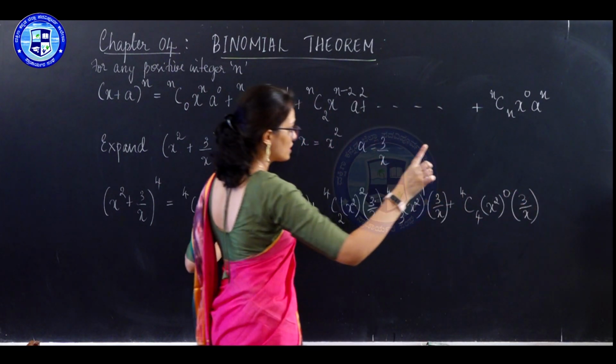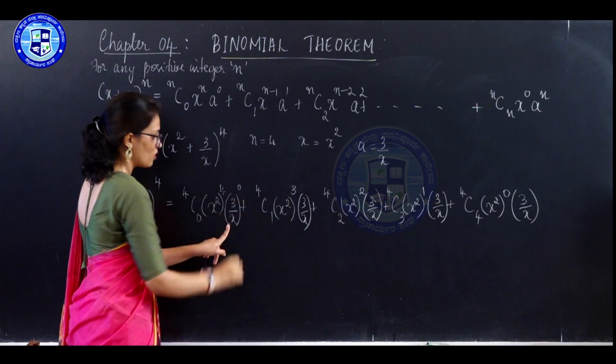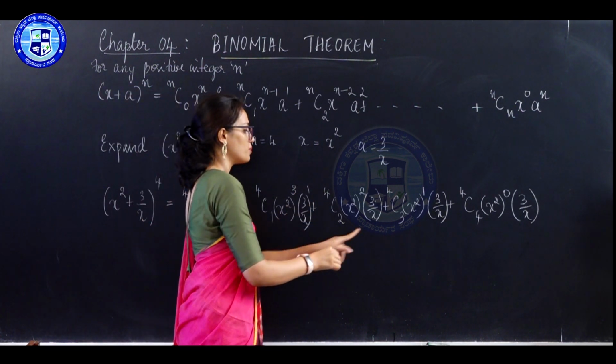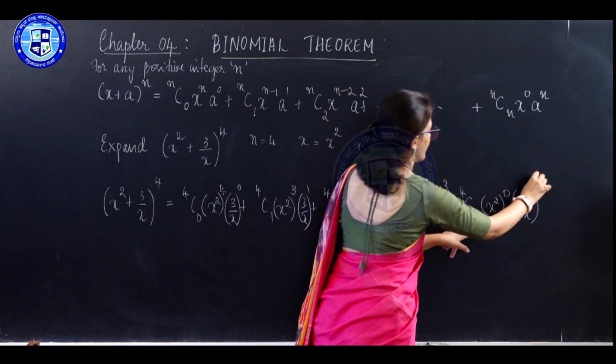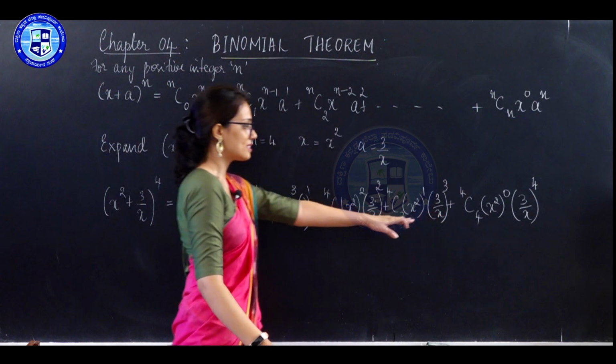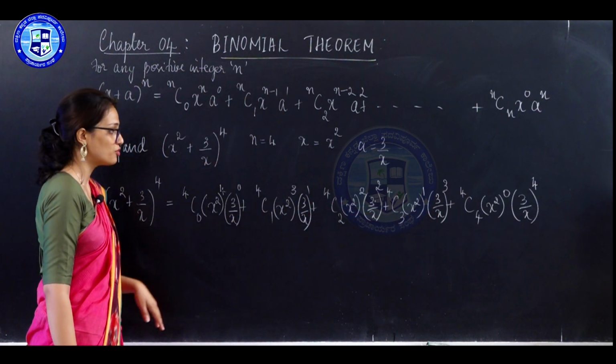Now the power of a increases, yes. So we start from 0. Next term will have the power 1. Here power is 2, 3 and 4. So this is the expansion for (x square plus 3 by x) to the power 4.